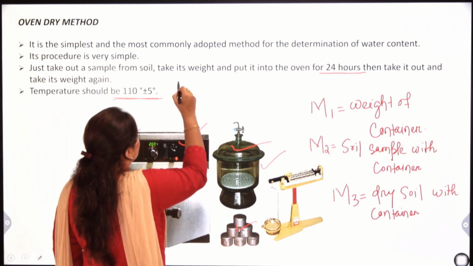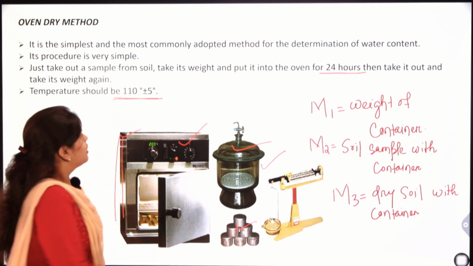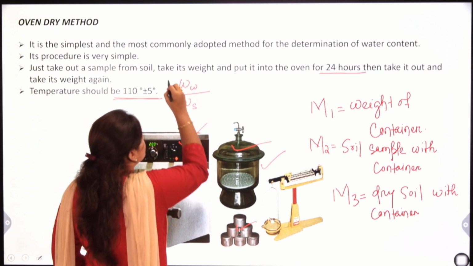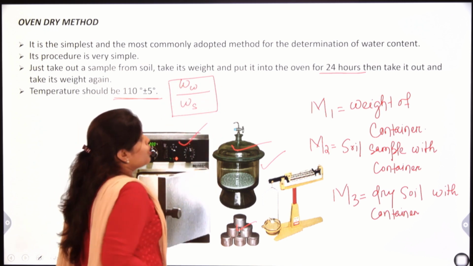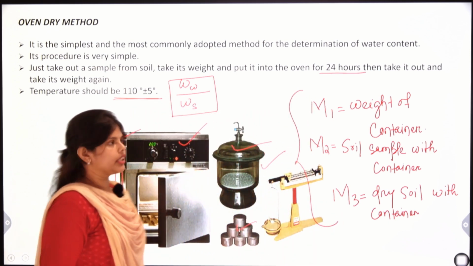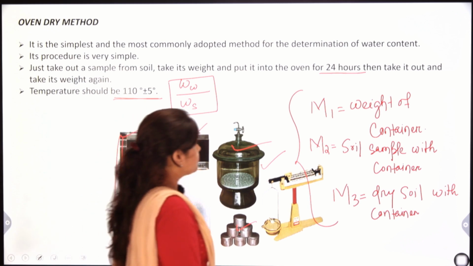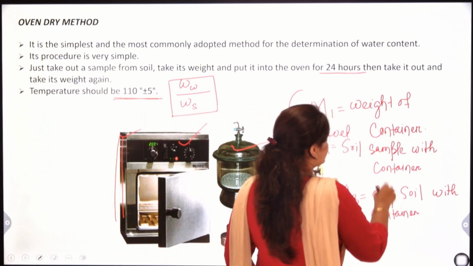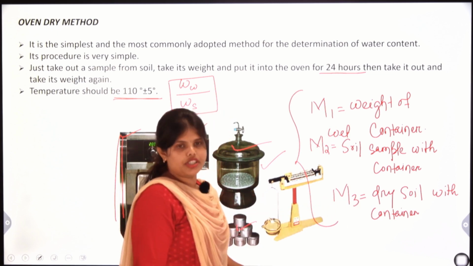So as we know, water content is weight of water upon weight of solid. From these three we will calculate weight of water and weight of solid. Here first is the wet soil sample and dry soil sample is here.